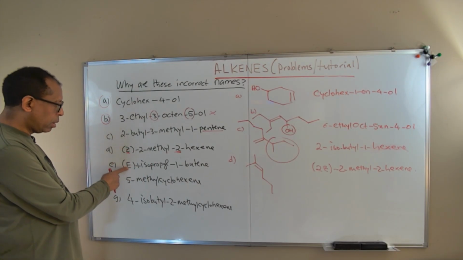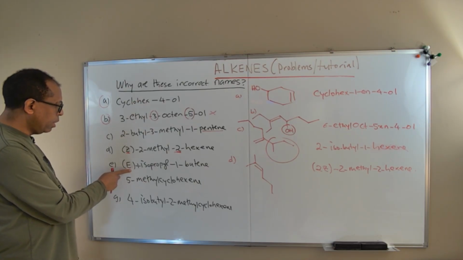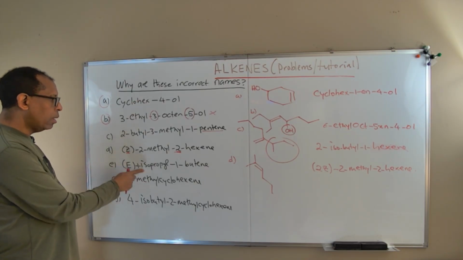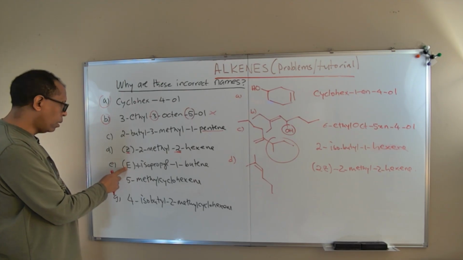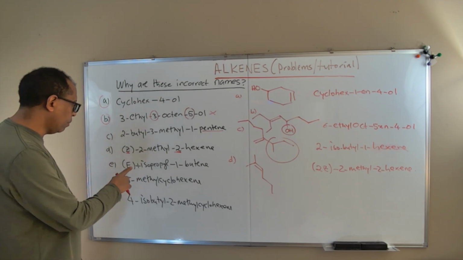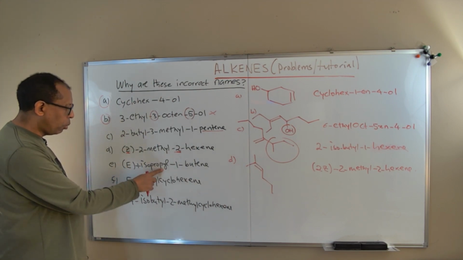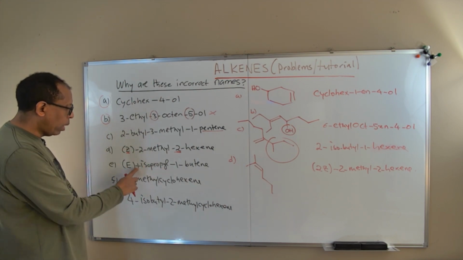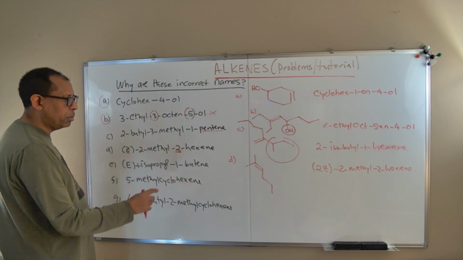Here also, I can see right away this is a 1. You should have a 1 also for this one, but it may not be the only problem. Let me see. So it is 1 isopropyl, 1 butene.